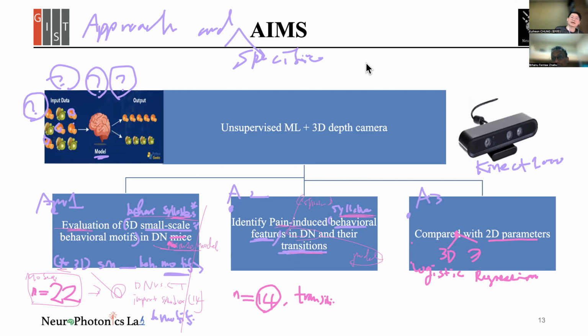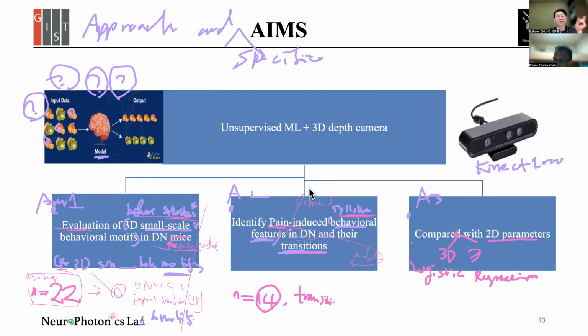So you are saying the transition analysis comes from another paper? Yeah, the transition analysis comes from another paper. So I think that's an important point. So identify pain syllables and syllable transition, two concepts that are important.